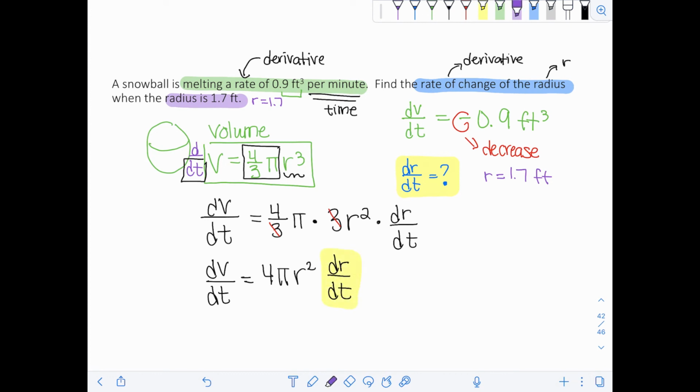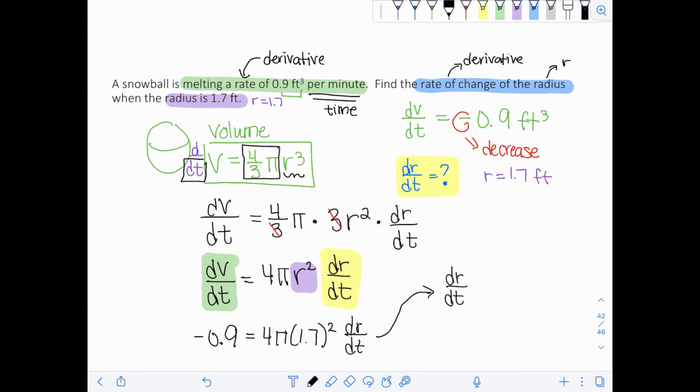We have a radius value, so I'm going to plug in 1.7 for the radius, and the melting rate, I'm going to plug that in for dv dt. So that's going to be negative 0.9 is equal to 4 pi times 1.7 squared times dr dt. So if I write that out, I've got that dr dt is equal to negative 0.9 divided by 4 pi times 1.7 squared.